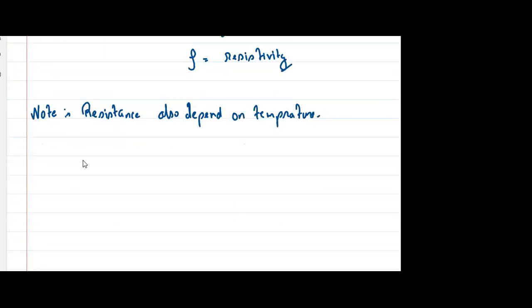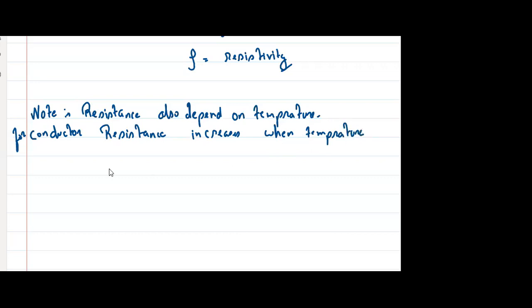Right? So here we are talking about conductors only. For conductors, resistance increases when temperature increases. Clear hai?